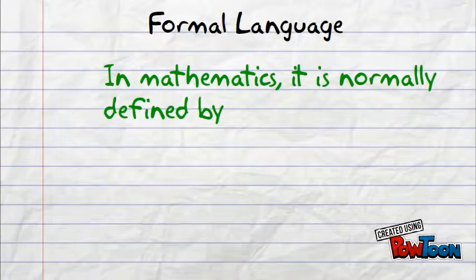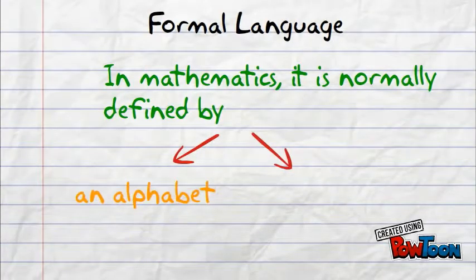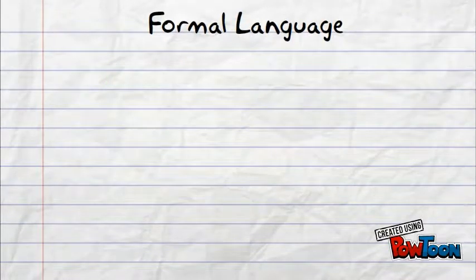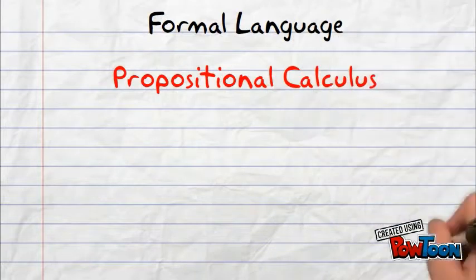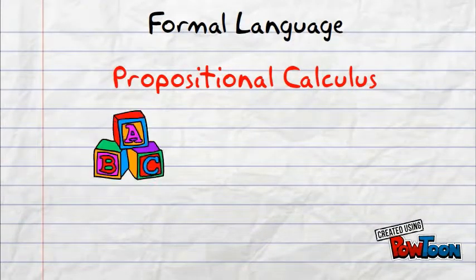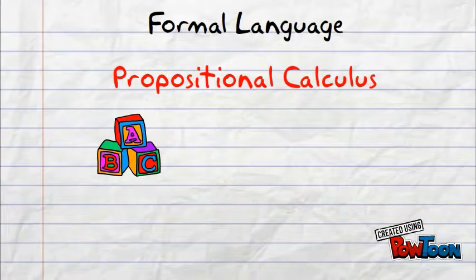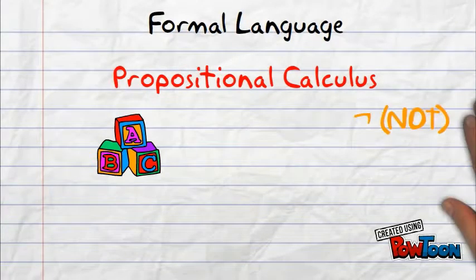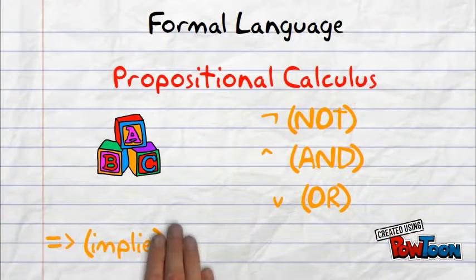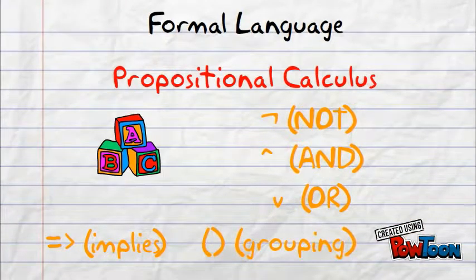In mathematics, a formal language is normally defined by an alphabet and formation rules. For example, the language of propositional calculus could be defined as follows. The alphabet of this language is comprised of English letters with optional indexes and the following special symbols: not (negation), and (conjunction), or (disjunction), implies (if-then), and grouping.